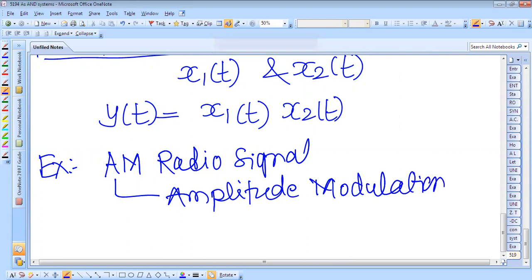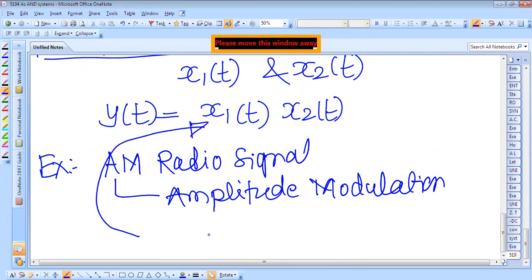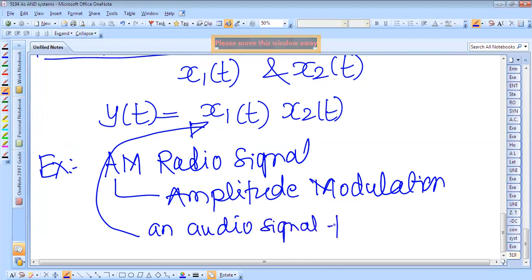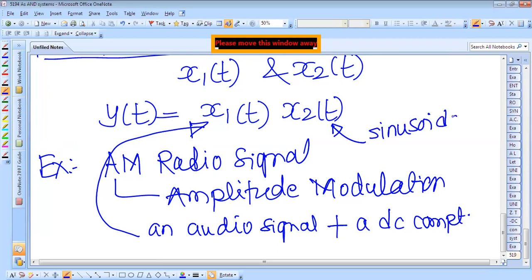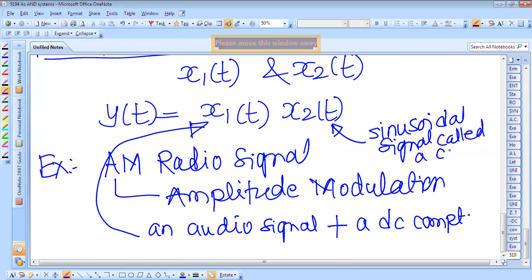The AM radio signal is the example of multiplication, by taking the product of the corresponding signals, in which x1 of t is an audio signal plus a DC component, and x2 of t is a sinusoidal signal called the carrier wave.